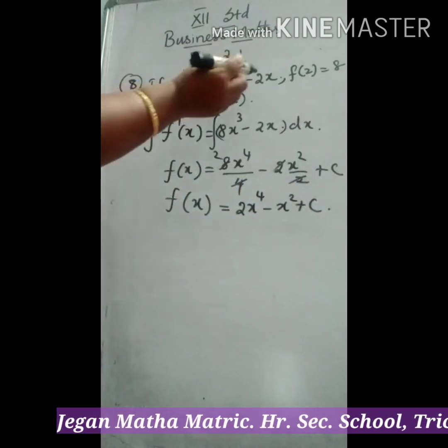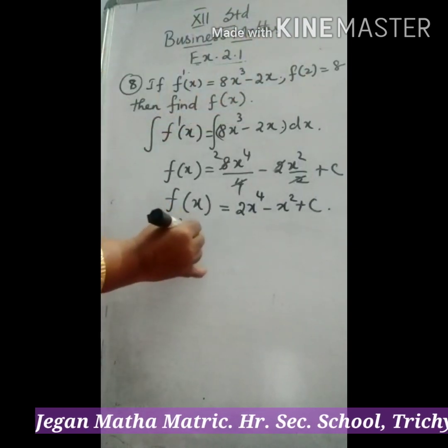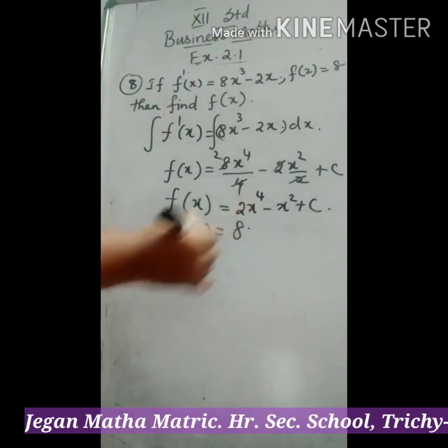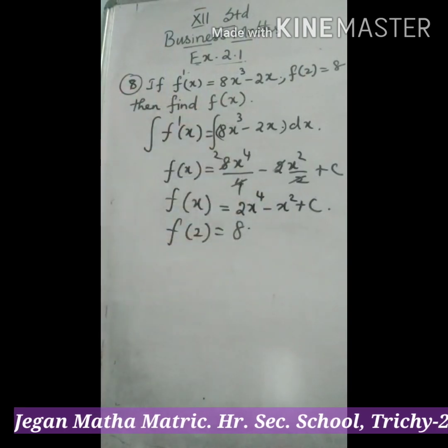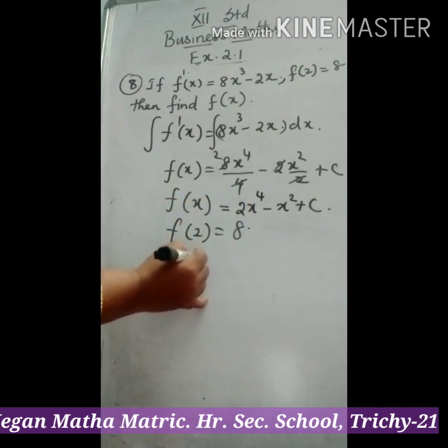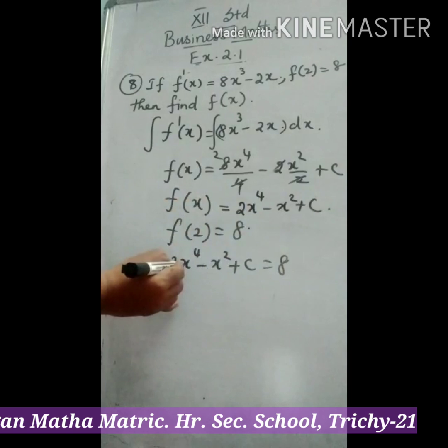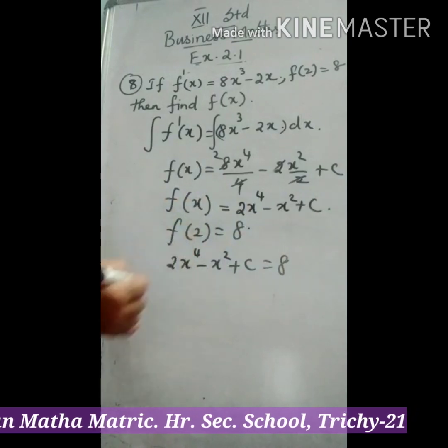What is given in the question? f of 2 is equal to 8. So you have to substitute 2 in this equation. So 2x to the power 4 minus x squared plus c is equal to 8. Instead of x, you have to substitute 2.